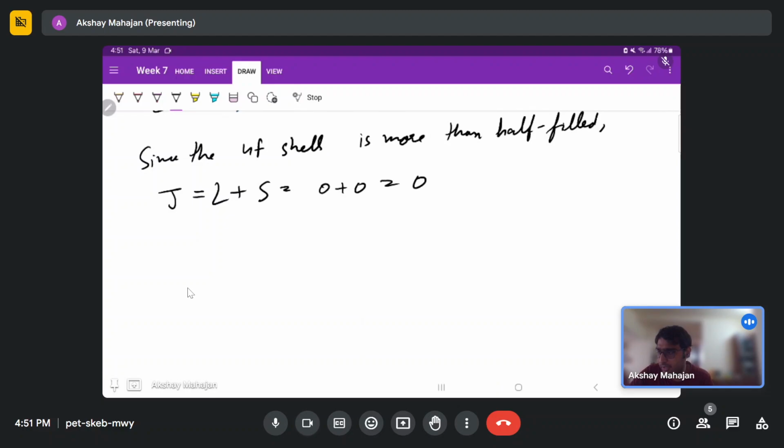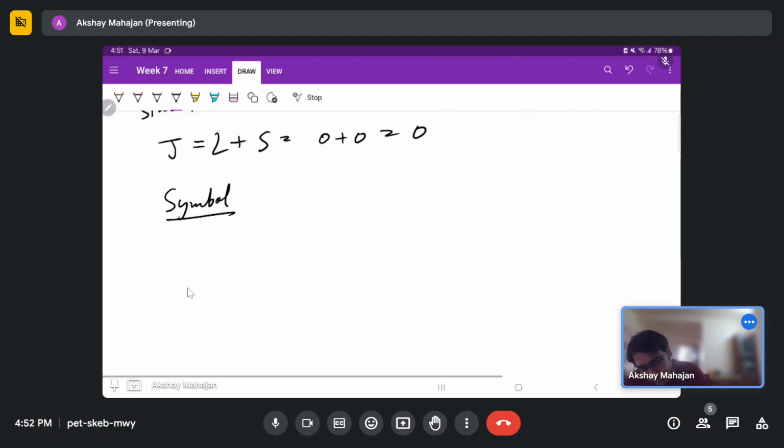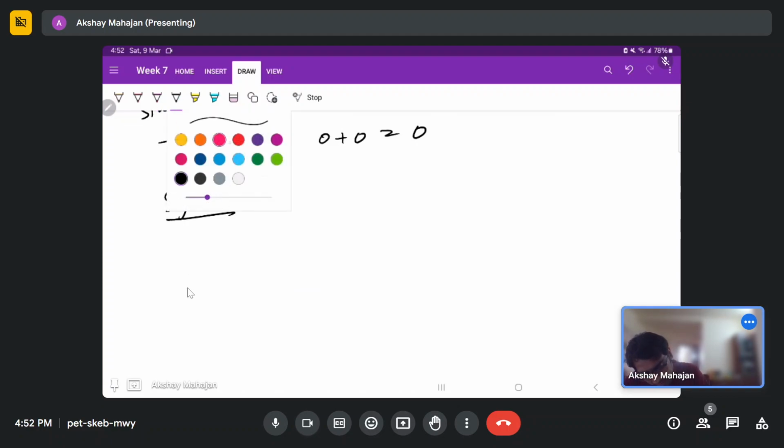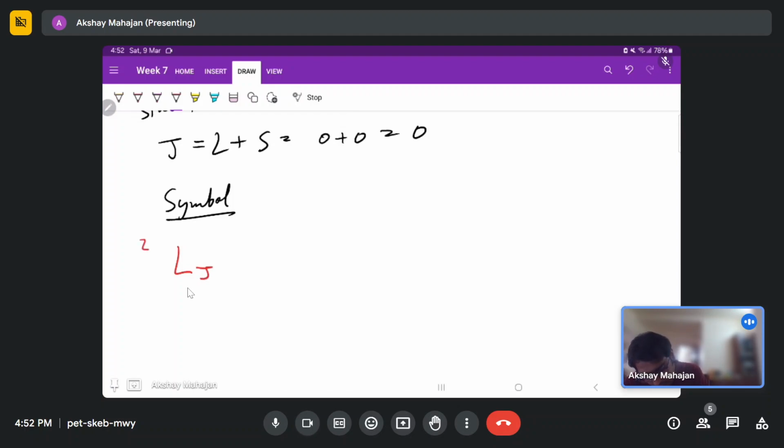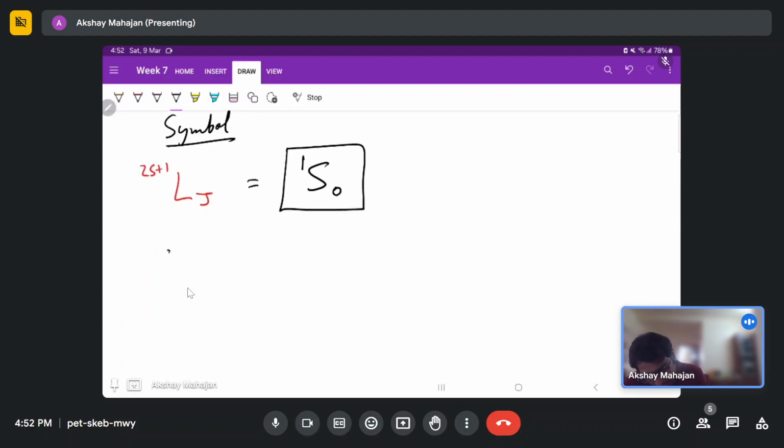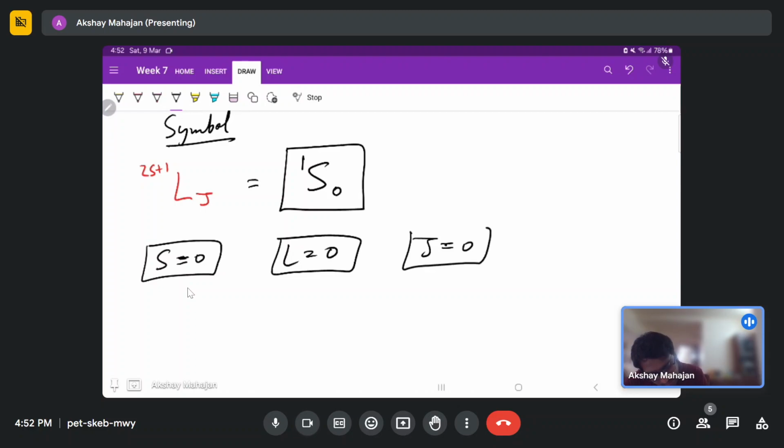So first we have to write our ground state symbol. That is given by 2S plus 1 L J. So for L equal to 0 it will be capital S, J is 0 and S is also 0, so it will be 1S0. Then we have S equal to 0, L equal to 0, and J is also equal to 0.